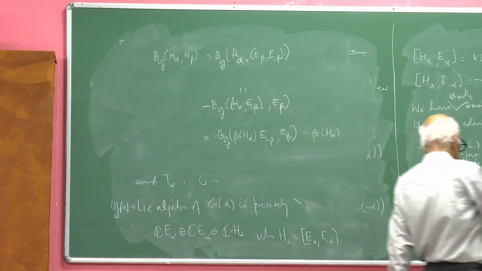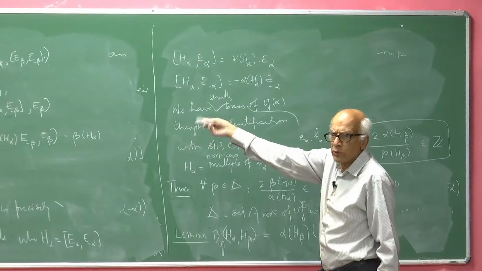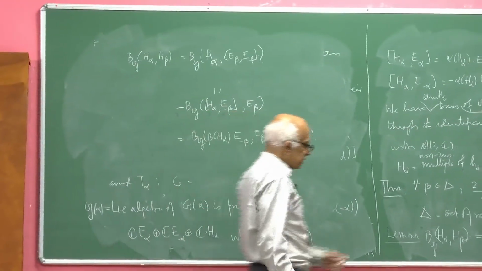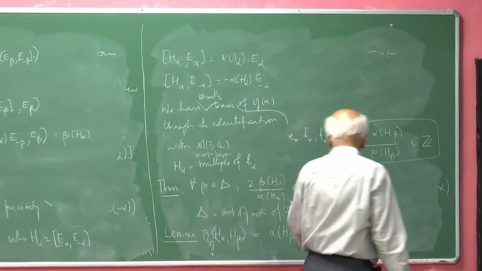So that's h alpha h beta. Interchanging the roles of alpha and beta, you can prove it the other way around. So that's the lemma: Bg of h alpha h beta is alpha h beta equal to beta h alpha.